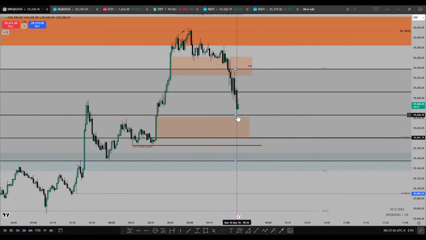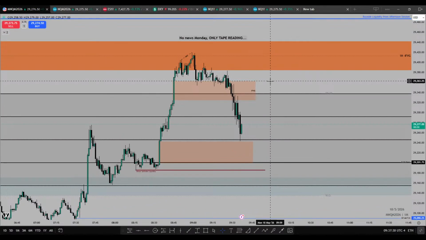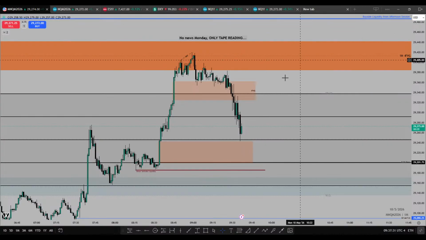Opening range gap half, okay. We have this down close, we don't have our first presented yet. It's been 7 minutes and no first presented yet. We'll pull a buy side above, preferably I want price to stay underneath here.